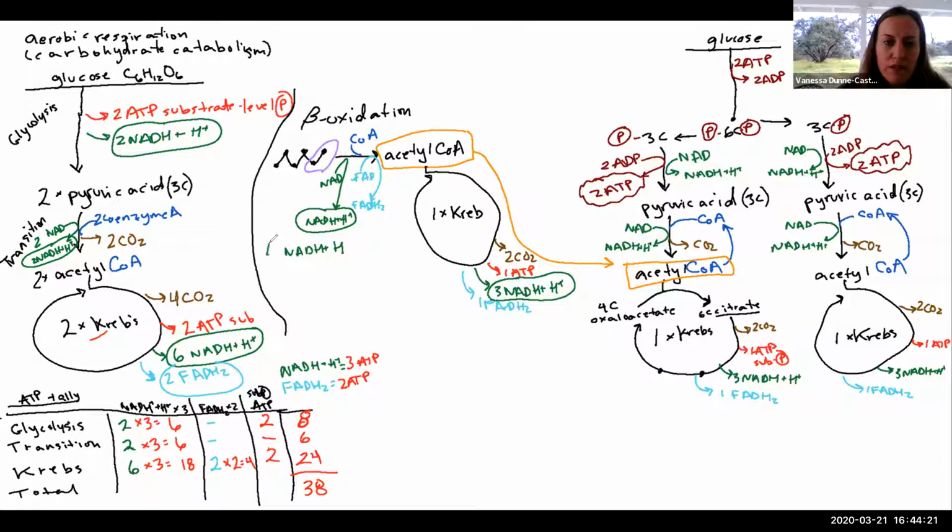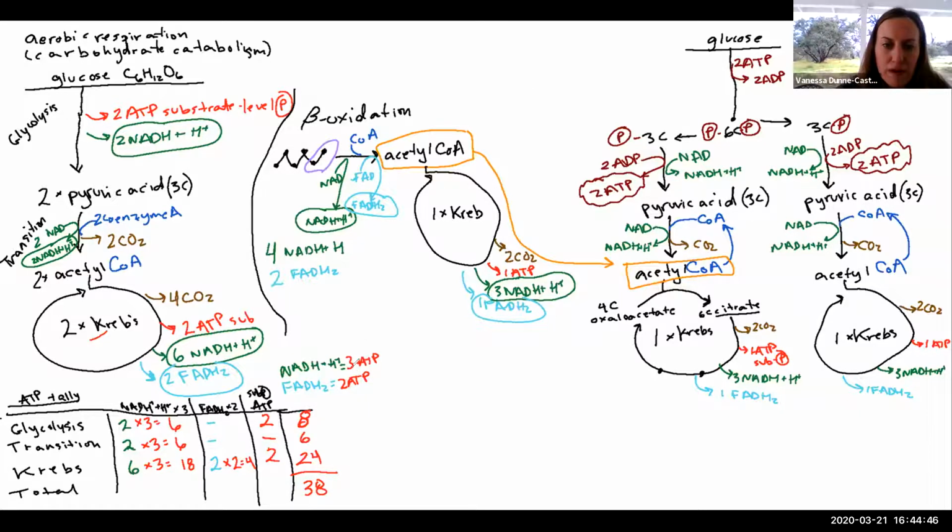So altogether, 4 NADH plus H pluses. For FADH2, there's 1 generated in this beta oxidation event and 1 generated in 1 turn of the Krebs cycle from that acetyl group. So we have 2 FADH2s generated here for each single beta oxidation event.